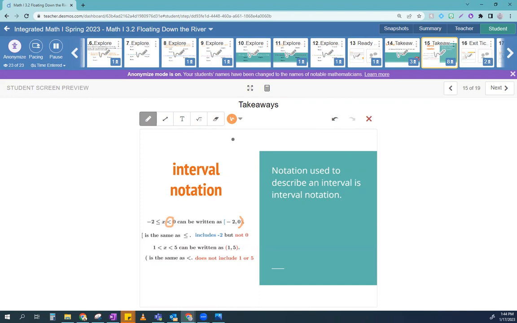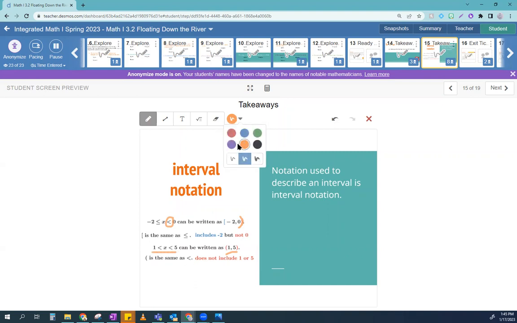Someone said the parenthesis is for points on a graph. That's kind of true, but this looks like a point on a graph, and it's actually an interval.